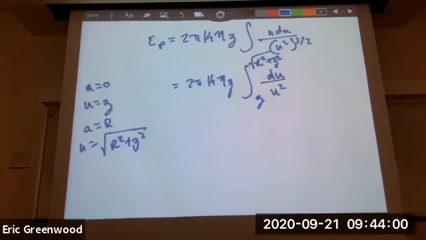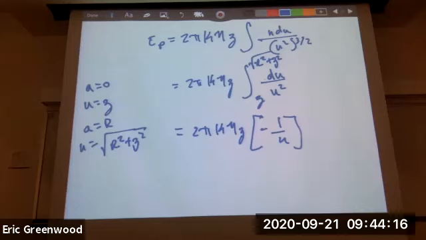You integrate, you add 1 to the exponent and then divide by that, right? Good. So this is negative 1 over u. So this becomes 2 pi k eta z times minus 1 over u, evaluated from z to the square root of r squared plus z squared.